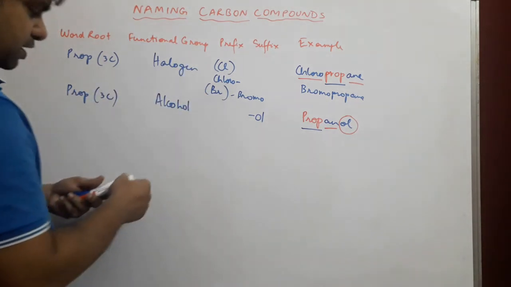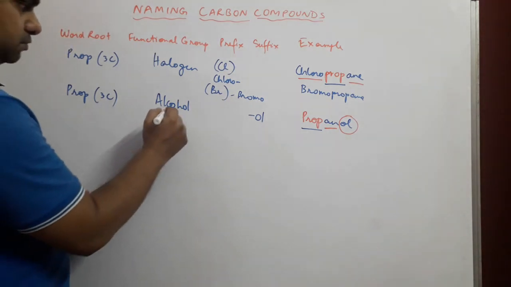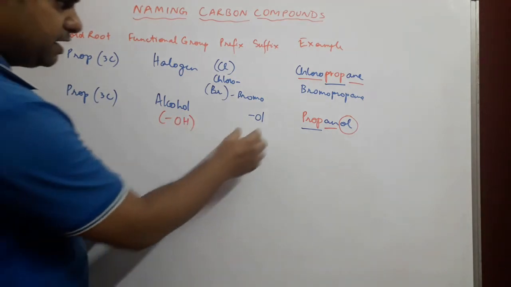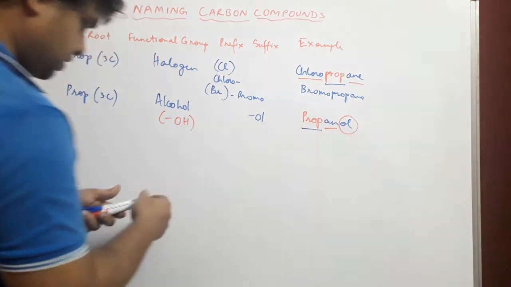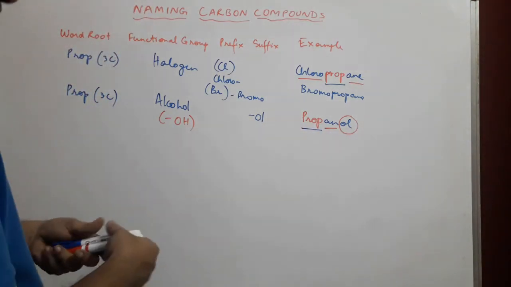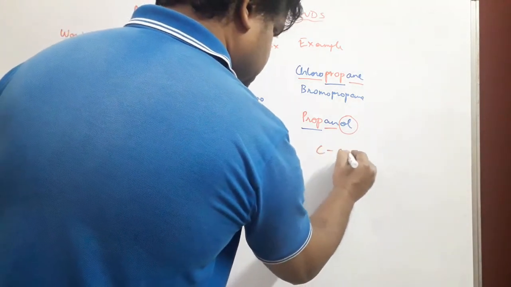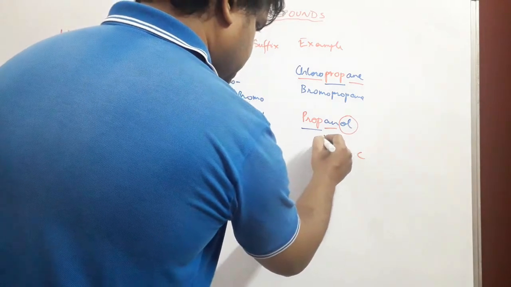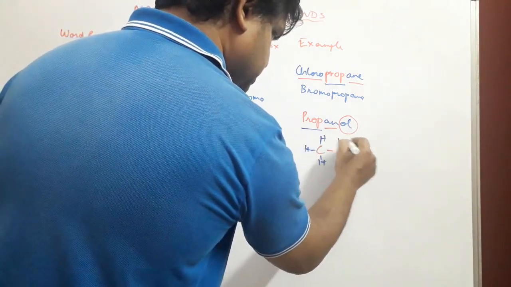Alcohol, okay, it will have the functional group OH. So I'll put this over here, OH, and naming wise it is always OL at the end, like how you see propanol. So if you draw a structural diagram, it should look something along these lines. Because it is prop, there are 3 carbon atoms and we'll fill them up with hydrogens.